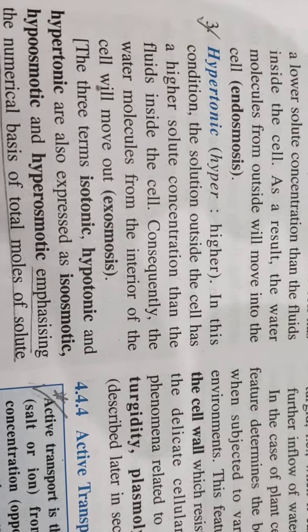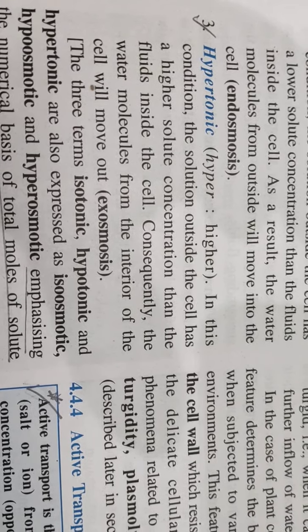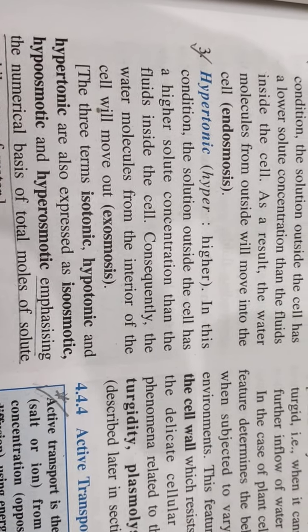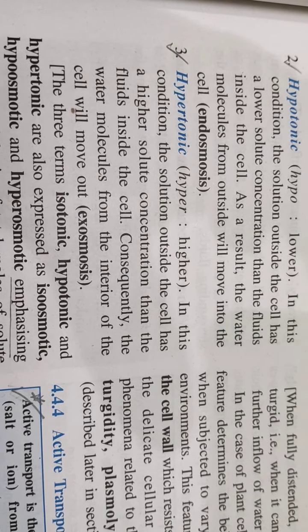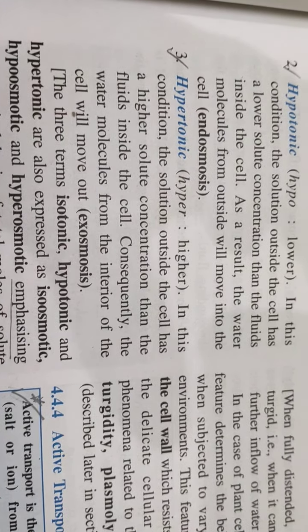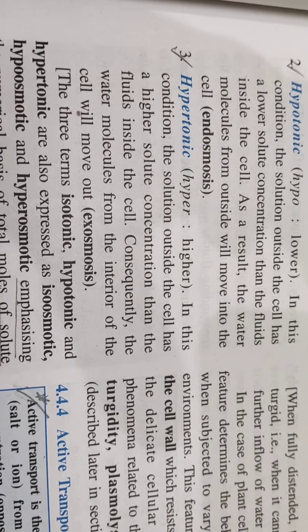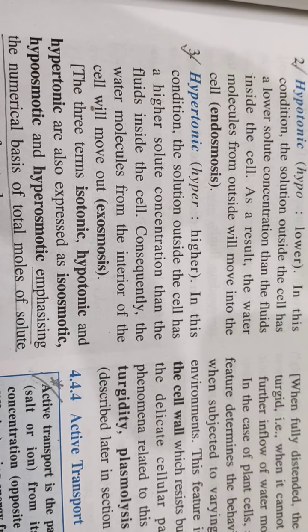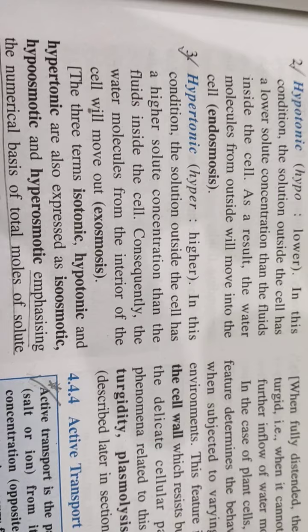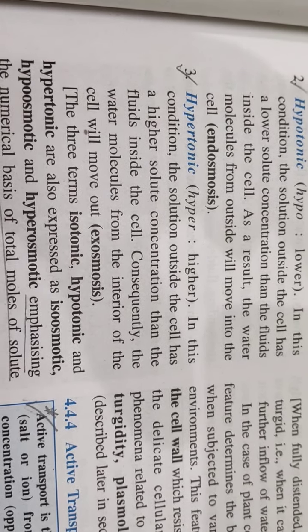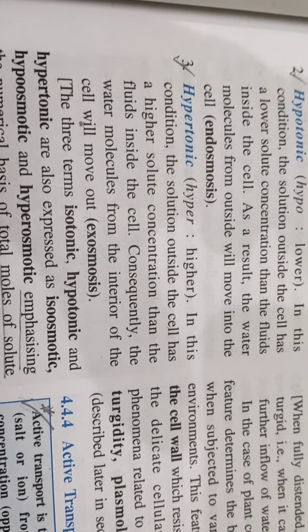Hypertonic is just the opposite case. In this condition, the solution outside the cell has a higher solute concentration than the fluids inside the cell. Consequently, the water molecules from the interior of the cell will move out. That means outside the cell, the water concentration is low and solute concentration is high.